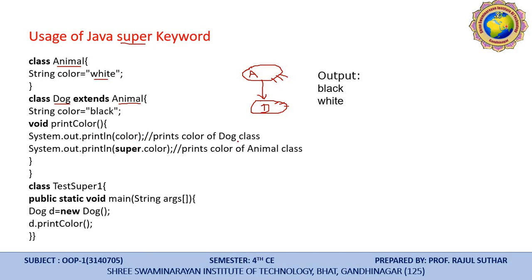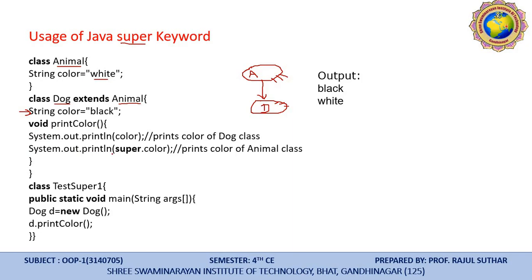Why will this color be displayed? Because we declared it inside the Dog class. So String color equal to black is declared inside the class. This is the method void printColor.